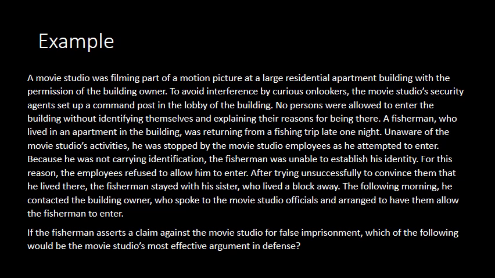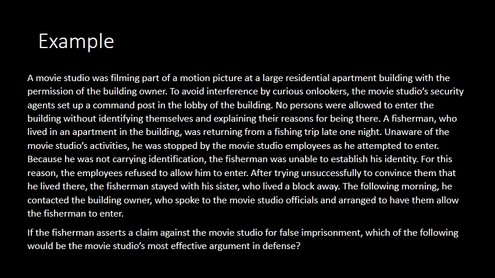So having read the call of the question, we now get to move on to the fact pattern, which we can be pretty focused in reading. So in this fact pattern, a movie studio was filming part of a motion picture at a large residential apartment building with the permission of the building owner. To avoid interference by curious onlookers, the movie studio's security agents set up a command post in the lobby of the building.